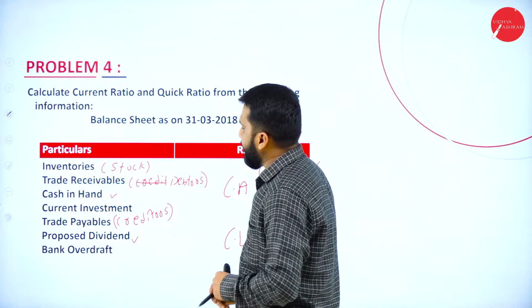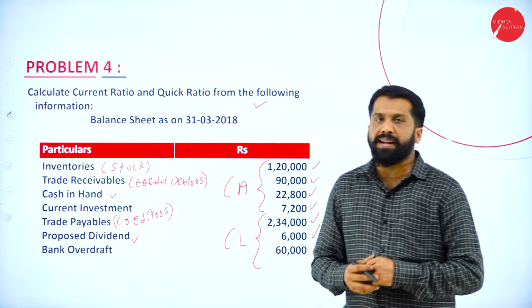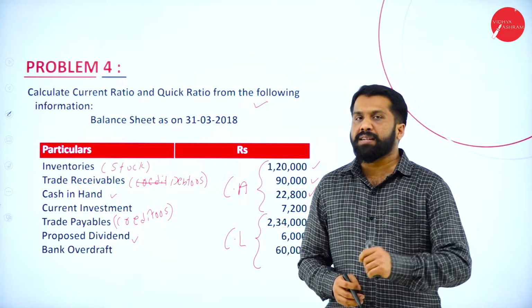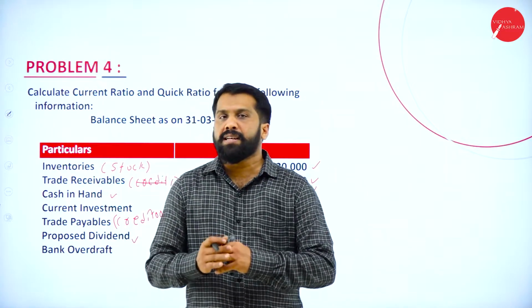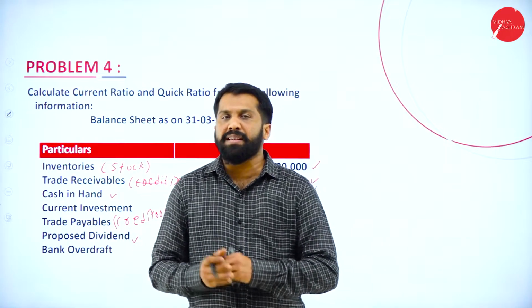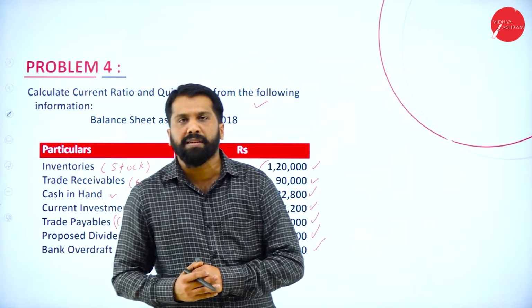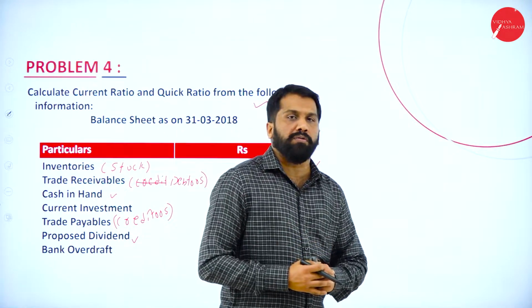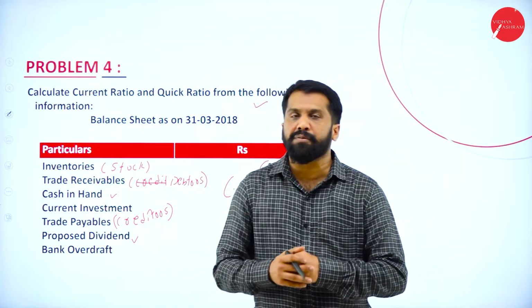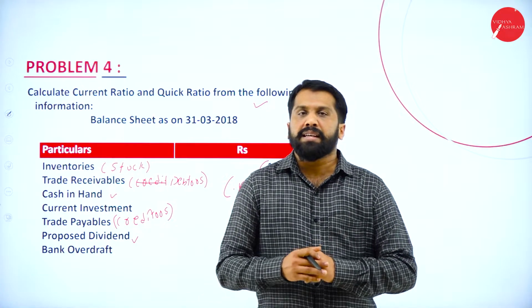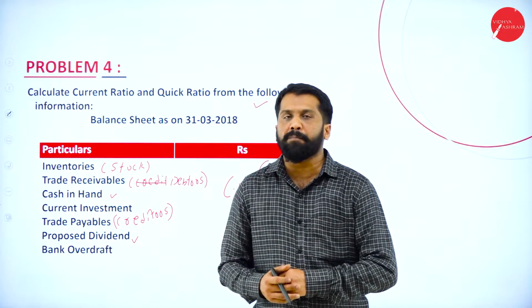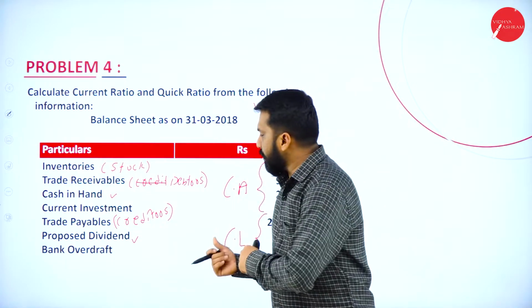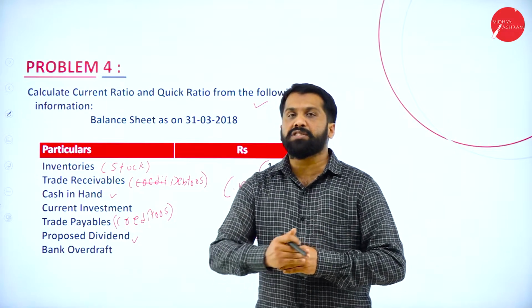Now, what is proposed dividend? Any idea about proposed dividend? I'll give you a simple example. Like, you're running a company, XYZ, some company. Now, this year you got a profit of 25,000. What will you do with that 25,000? That 25,000 will be given to whom? All the shareholders. That 25,000 has to be distributed.